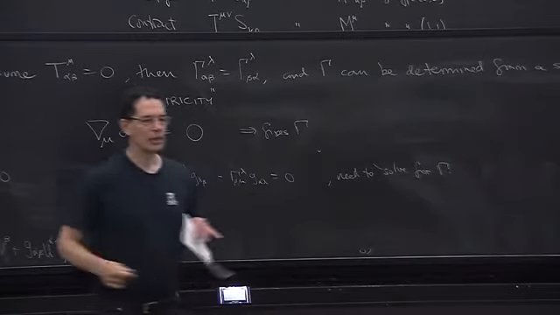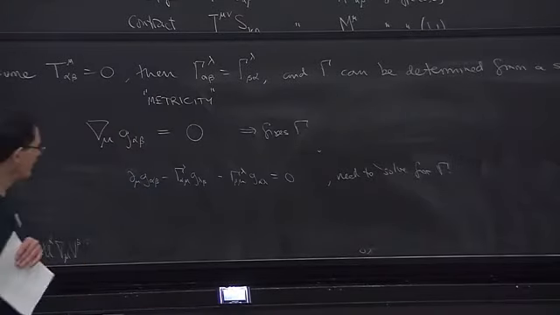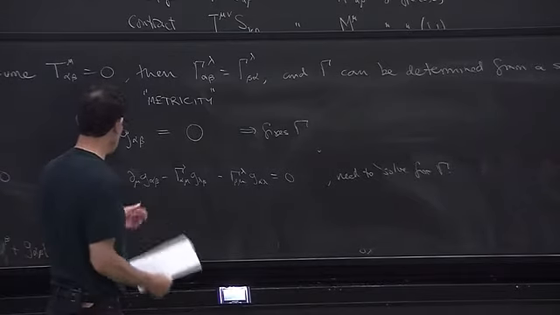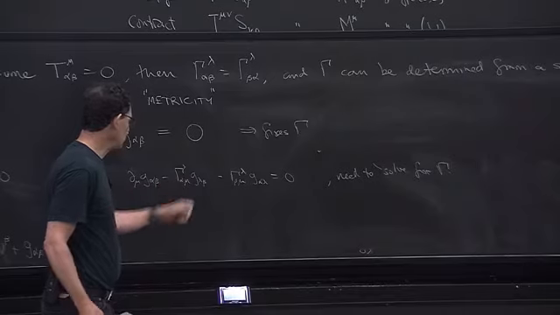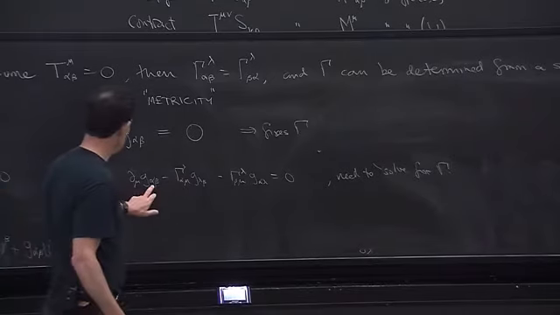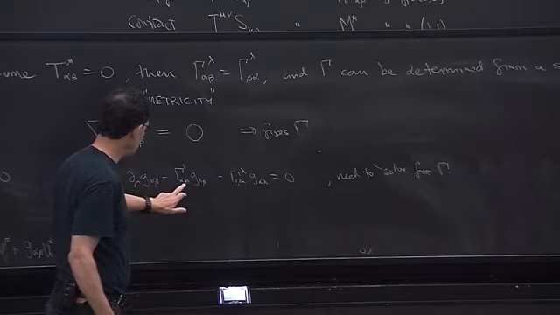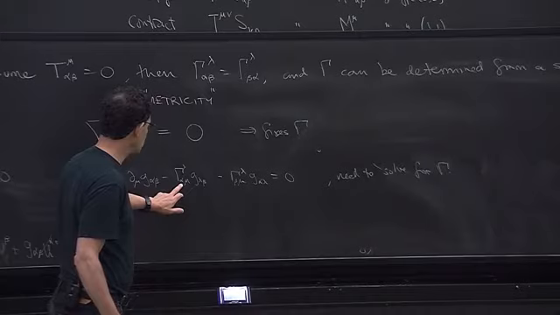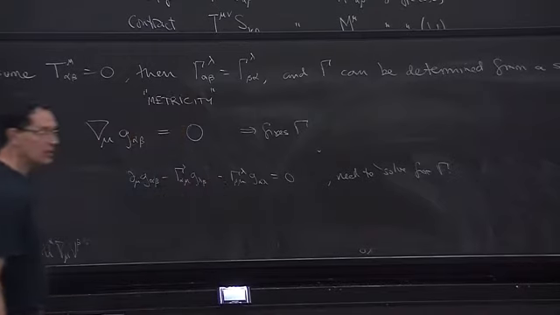Does that equation look a little bit familiar? It's an equation which is symmetrical in two indices, the alpha and the beta, right? So it's symmetrical under alpha changes to beta.